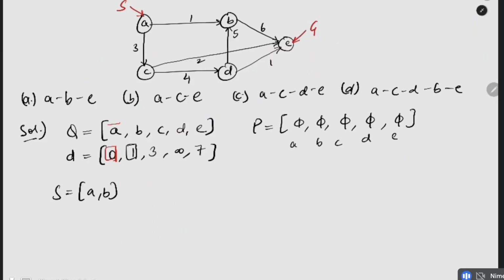Now, we update the parent of B as A, and the parent of C also as A, and the parent of E, when we updated the value of E to be 7, we update to be B.